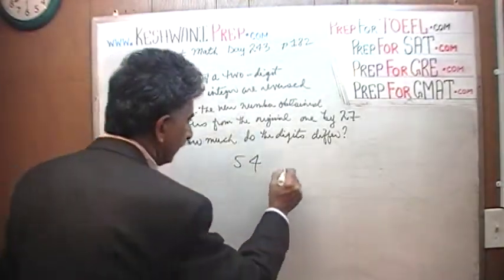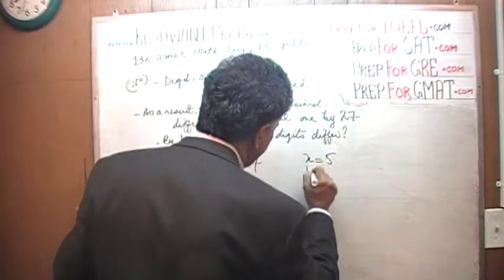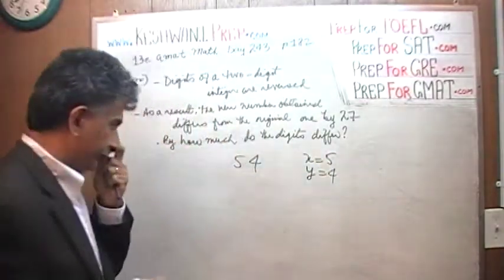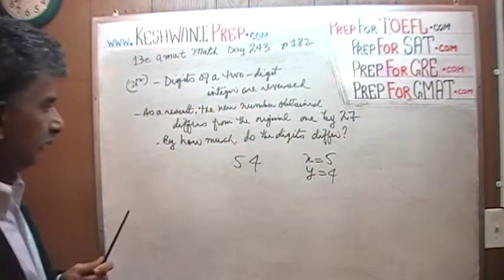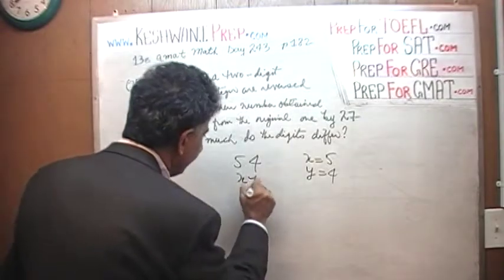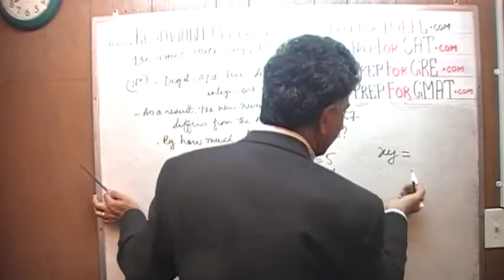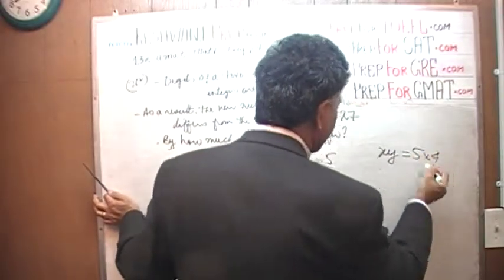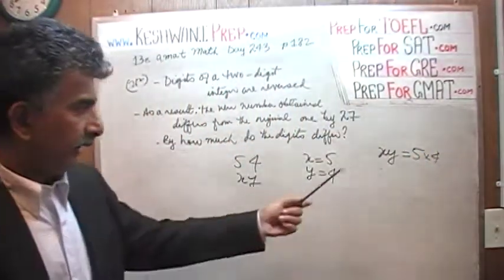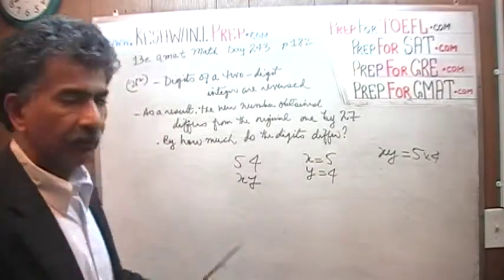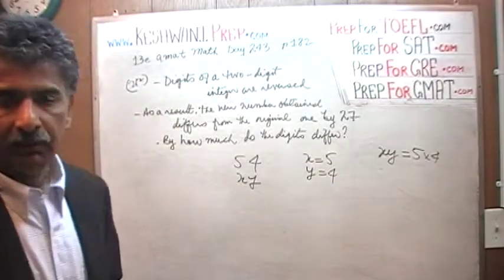Let's pretend that x is equal to 5 and y is equal to 4. We have two variables here, x and y. Do we simply write this as xy? No. xy in the language of algebra would mean 5 times 4. xy does not mean 54. We cannot just write that as xy.